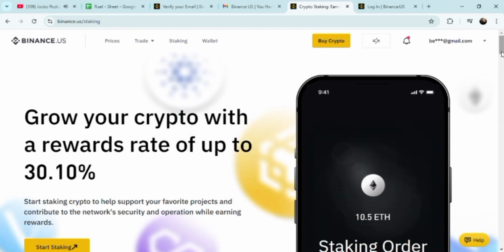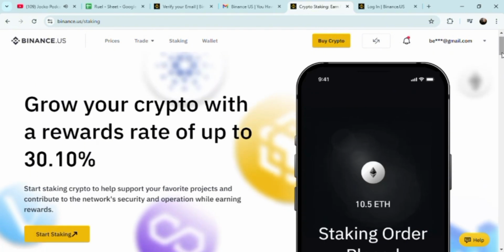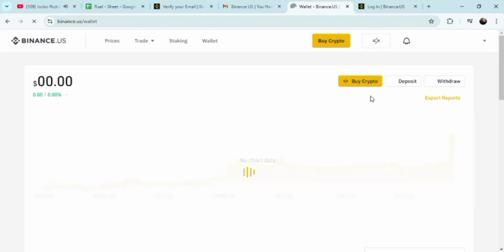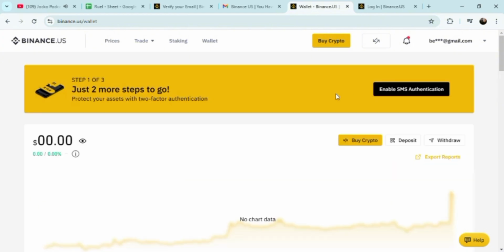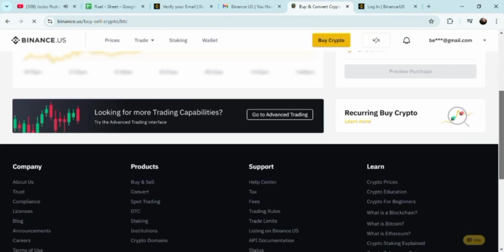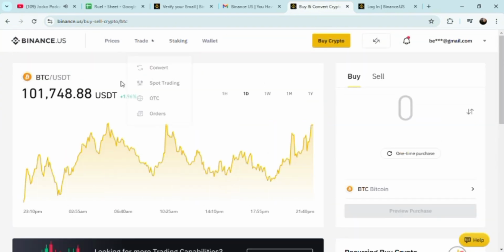Okay, again, this is just a sample tutorial video. I'm just going to be using the sample one in order for us to get a grasp on this. As you can see here, you can basically buy crypto, deposit, withdraw. Before we go to the actual trade-off, you can click here, and if your wallet is connected, it doesn't really matter if you have a bank connected to a specific account, that's particularly good.